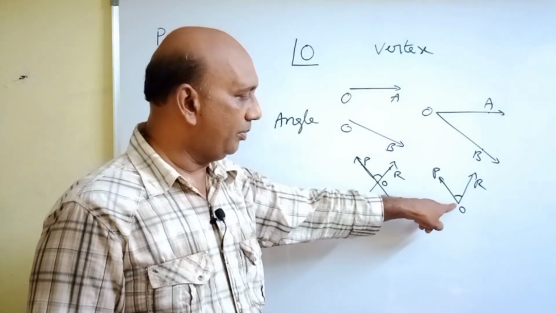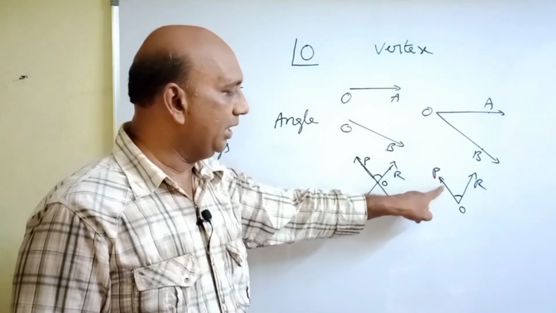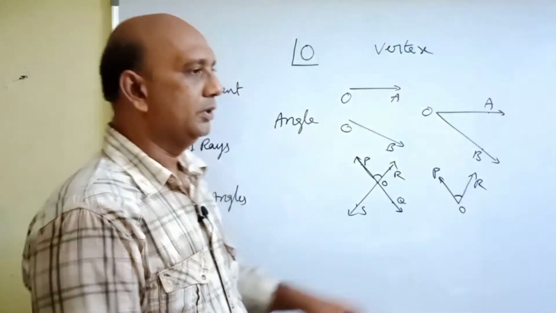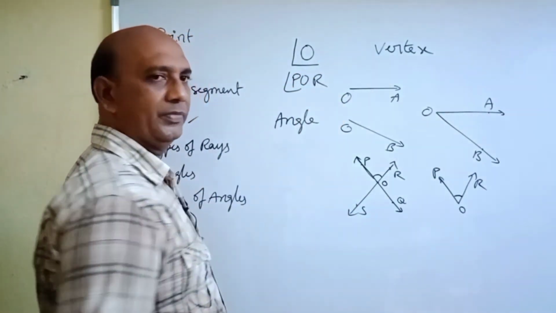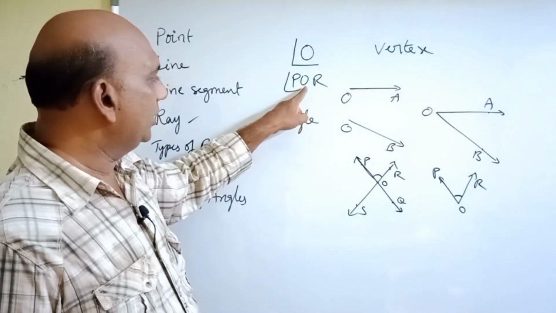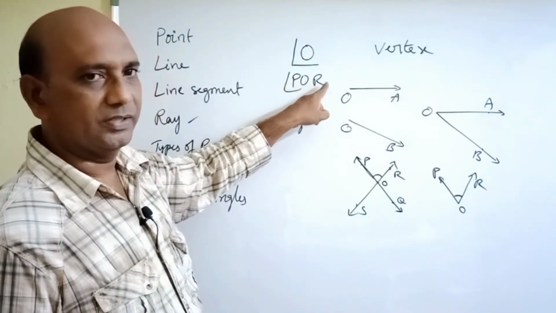O is the common endpoint, so this can also be written as angle POR. That means O, the common vertex, is in the middle of these three letters.